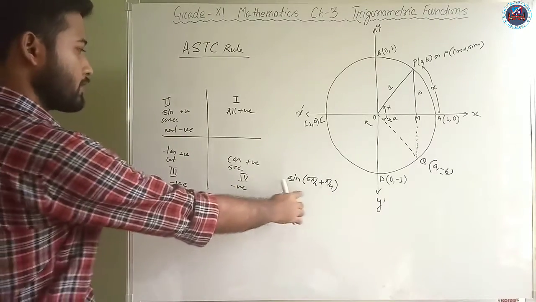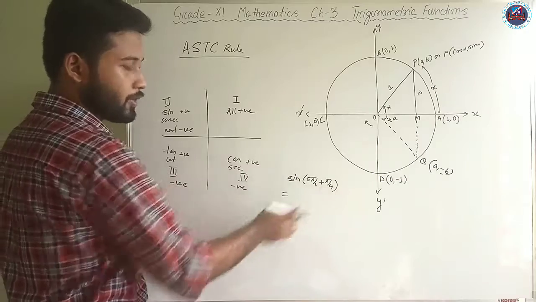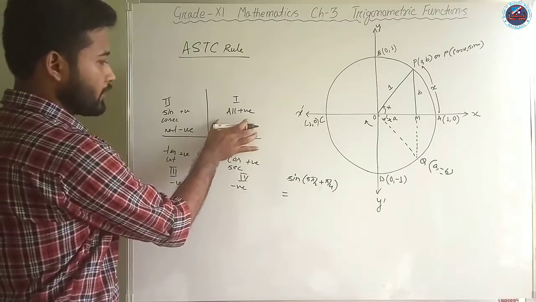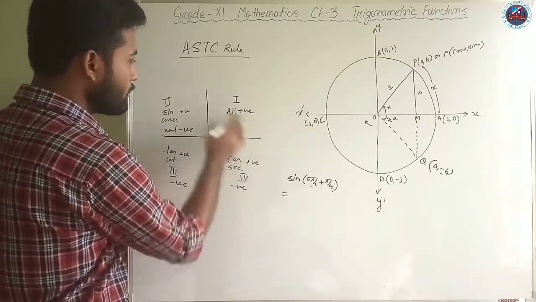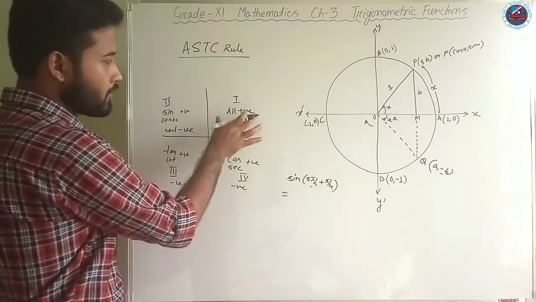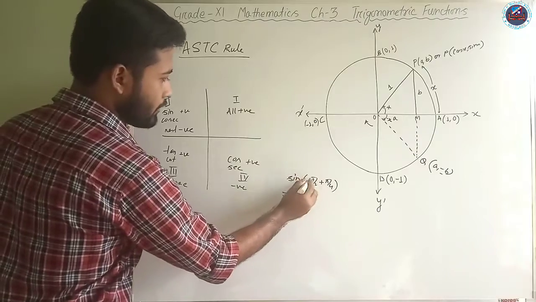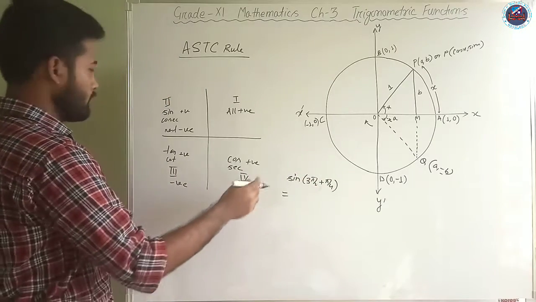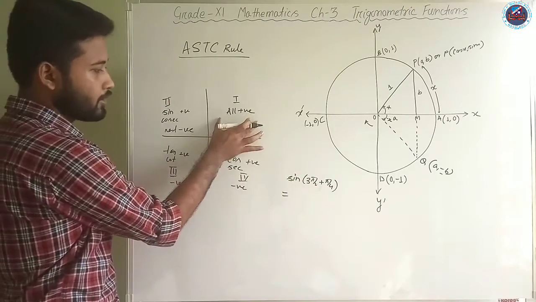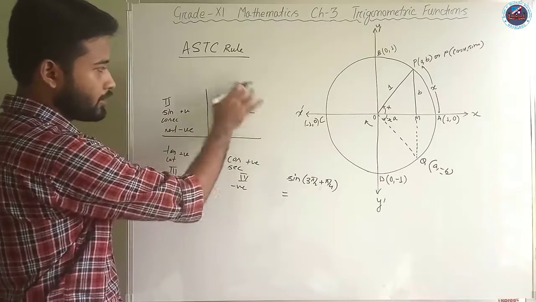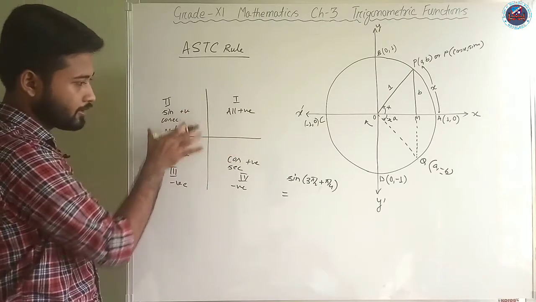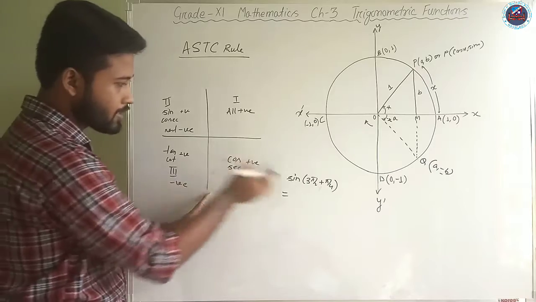See, in this case we need to check in which quadrant it lies. At first, pi by 2 means a full quadrant. So here there are 5 pi by 2s, or let me take 3 pi by 2, it will be more interesting. So for 3 pi by 2, first pi by 2 will lie here, then second, then third: 3 pi by 2 plus pi by 4.